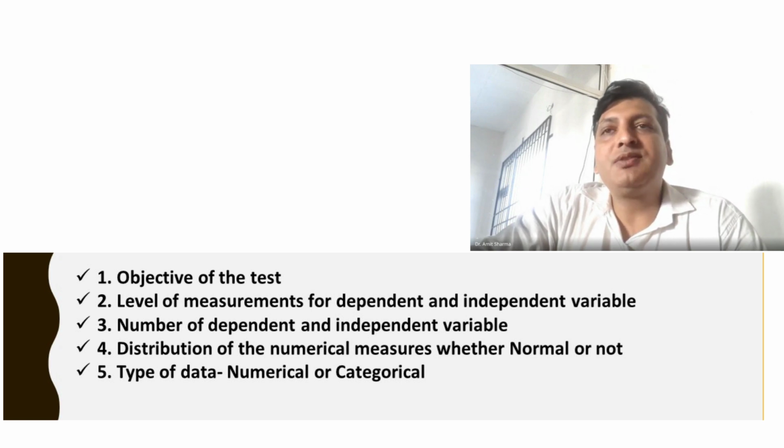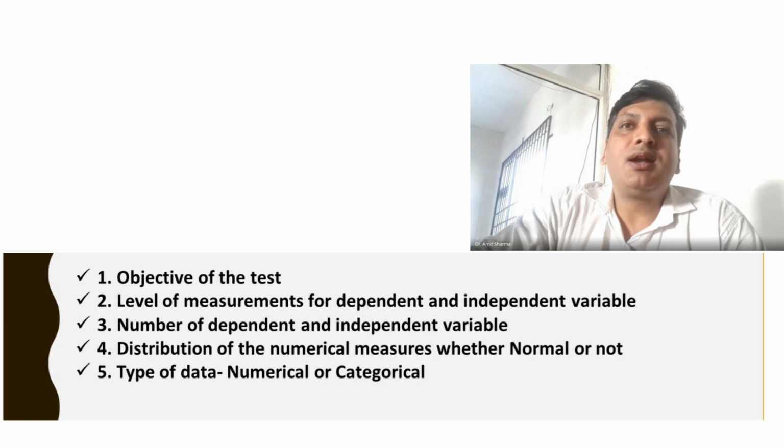The fourth point, which is very important, is the distribution of the numerical measure. Whenever we are going to apply the test, we have to see whether our data is numerical or categorical. If the data is numerical, we have to check the normality distribution of the data.